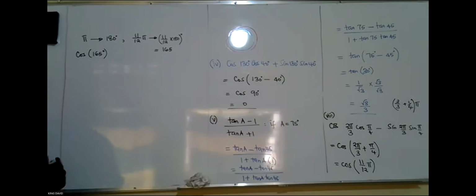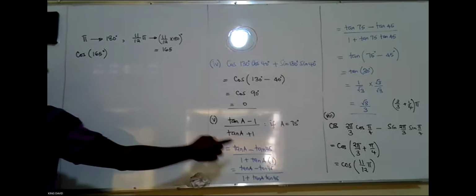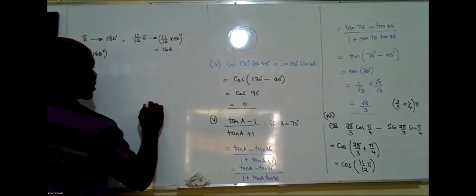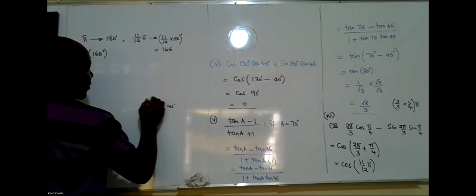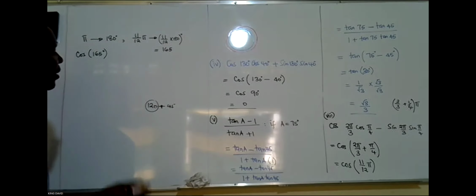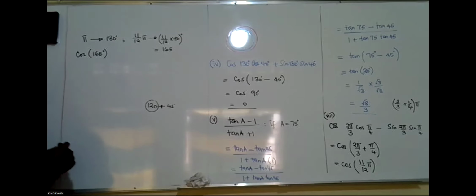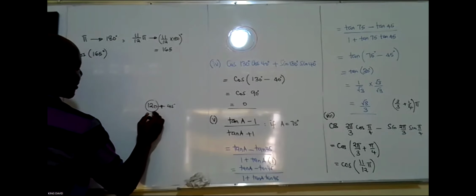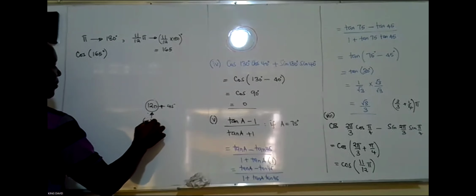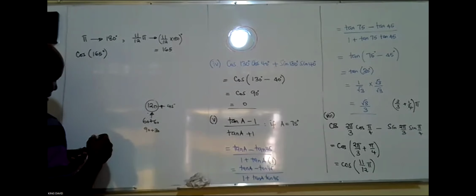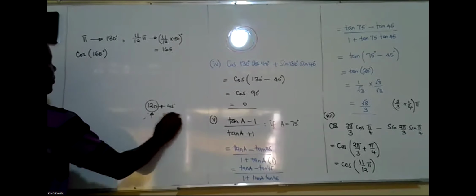In this case, we had 120 and we also had 45, but we don't have the ratios of 120. That means we shall have to expand this again as maybe 60 plus 60 or 90 plus 30 using those special angles.